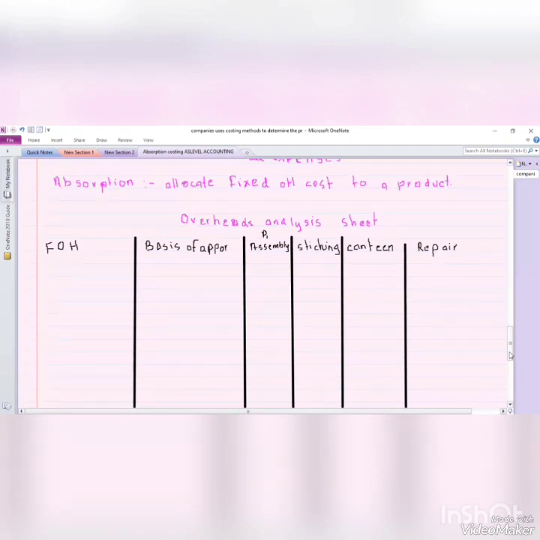We have some fixed overheads, direct costs and direct labor, and we will discuss how to calculate all of these.